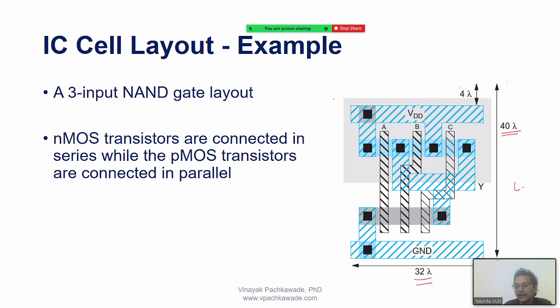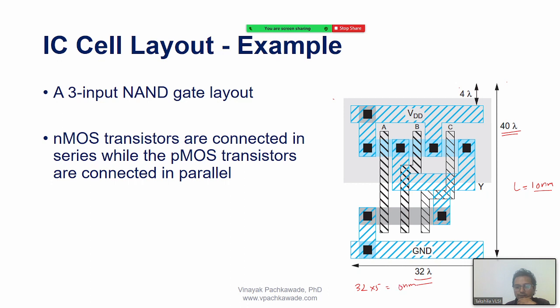So let's say the technology feature size is 10 nanometer. So can you tell me the size of this chip? It would be 32 by 5 nanometer.